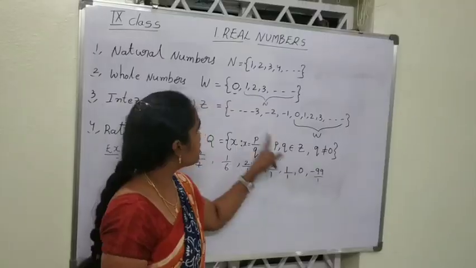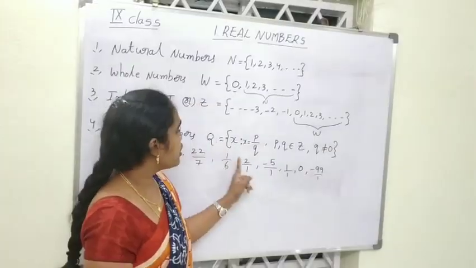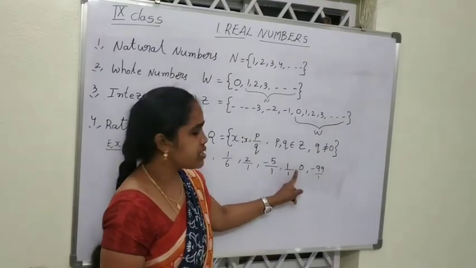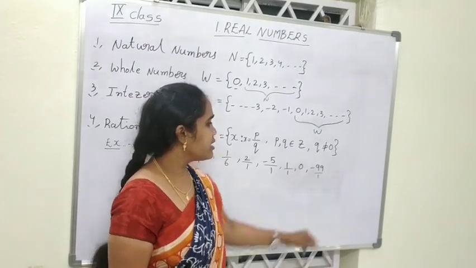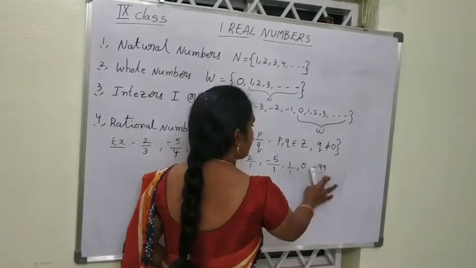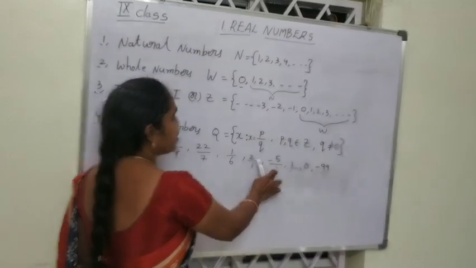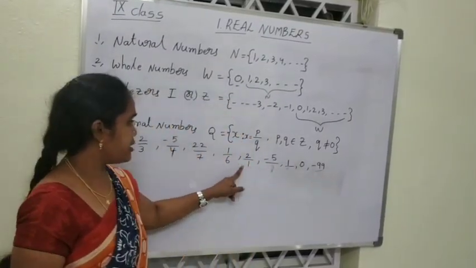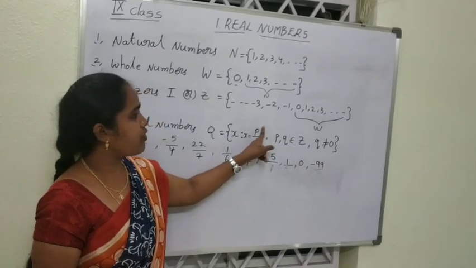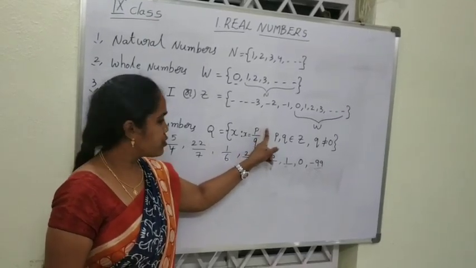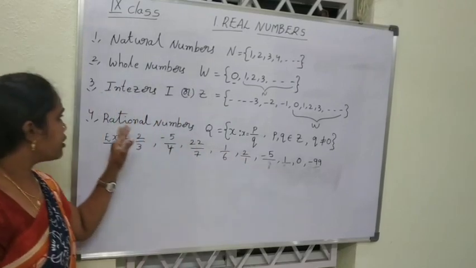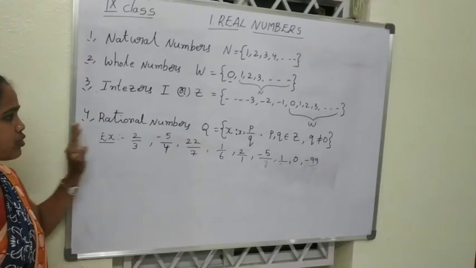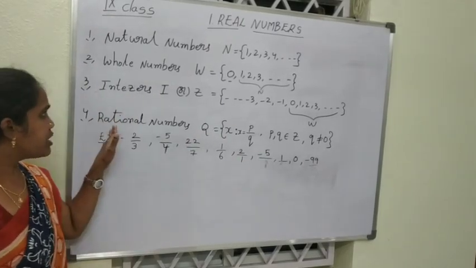These are integers: 2 positive integer, minus 5 negative integer, 1 positive integer, 0, and minus 99 negative integer. So all the integers we are writing in the form of P by Q. That's why all the integers are rational numbers. Is it correct? Yes.